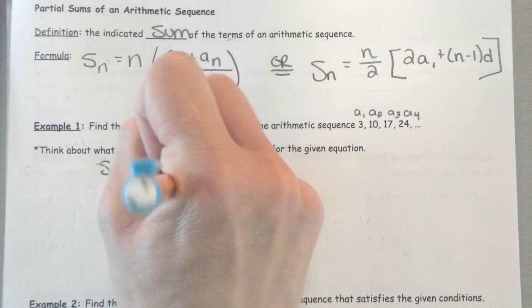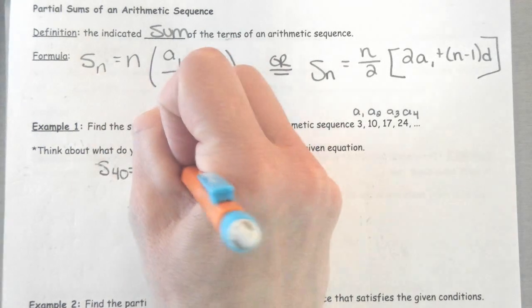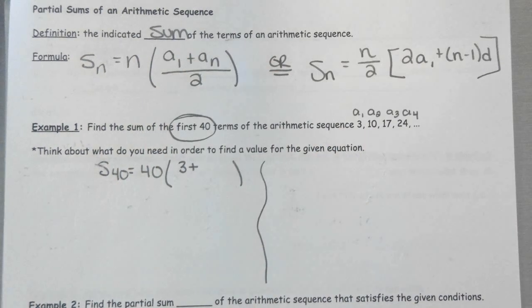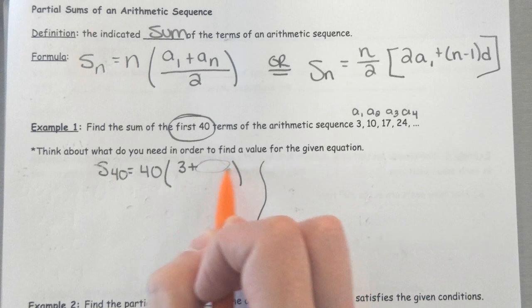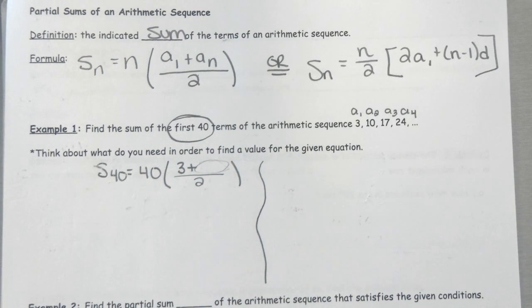I know n is 40. Do I know a1? Oh, yeah. What is it? 3. Do I know a sub 40? No. So I need to fill in for this divided by 2. So that's how I'm going to use that one equation. And then I'll show you the other one as well.